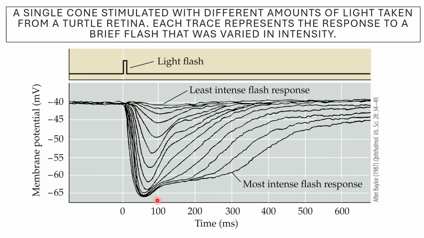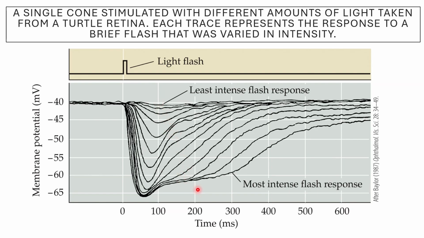If we do that over a number of trials, this is the response that we see. It seems like these cells are being held at around negative 40 millivolts, and as we increase the intensity, we get hyperpolarization of these cells. So by striking these cells with light, they are hyperpolarizing, which is interesting.